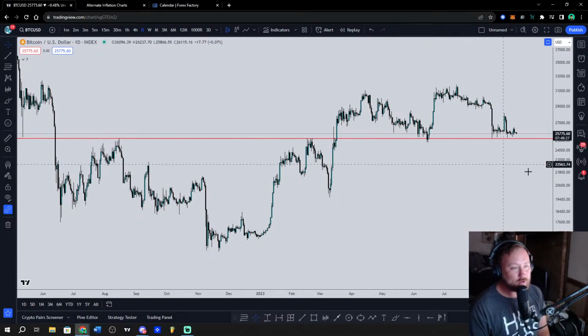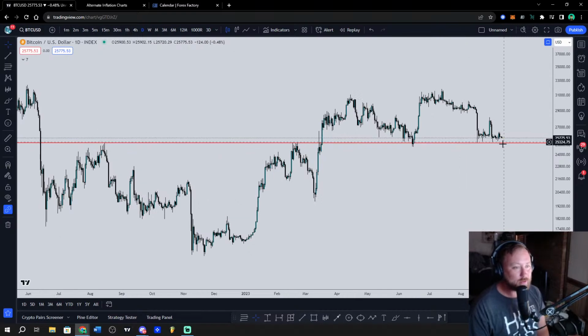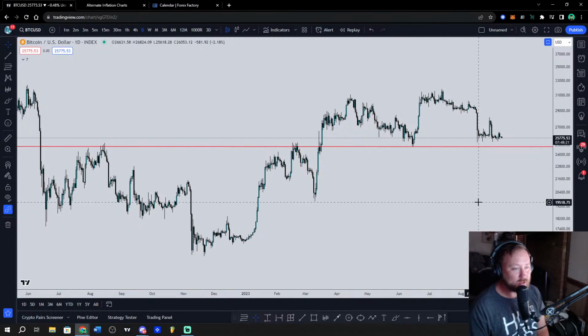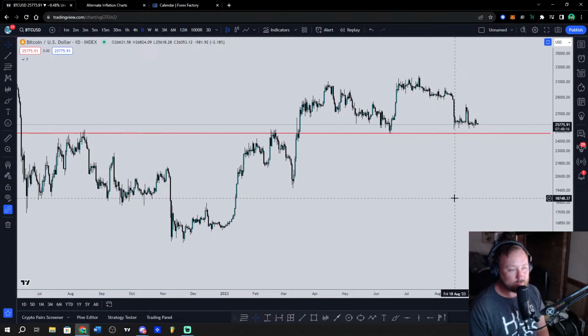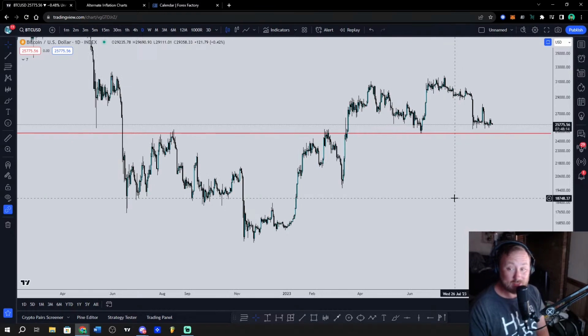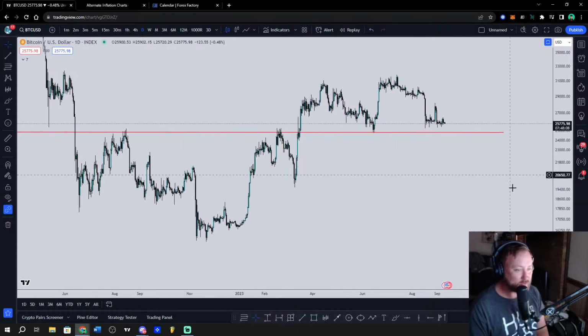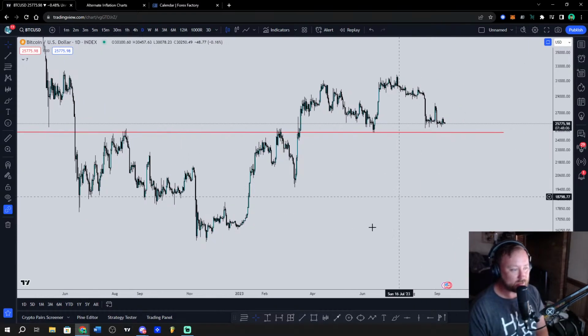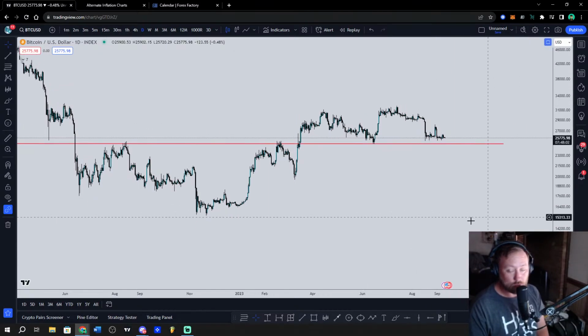So we're still holding the line here on Bitcoin. A breakdown below that line is not good, in my opinion. Things are different if that happens. We would likely see a complete breakdown, and it wouldn't end for a while.